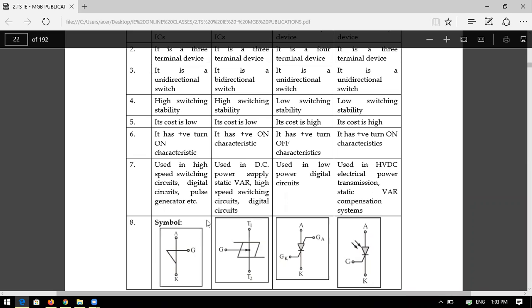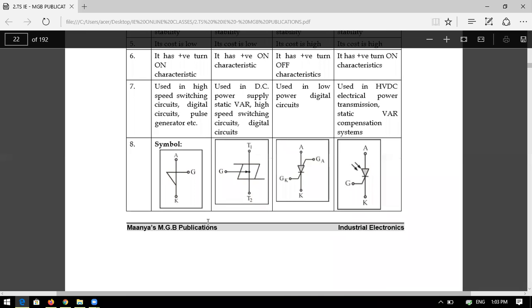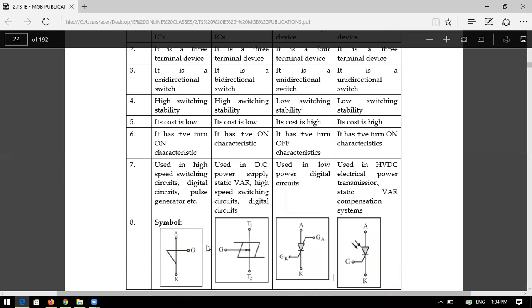Okay. In the seventh point, you can see which one has high speed switching and where it is used, that is, the applications. SUS means high speed switching circuits, digital circuits, and pulse generators. The second one, SBS, you can use in DC power supplies, static variable resistors, high speed switching circuits, and digital circuits.